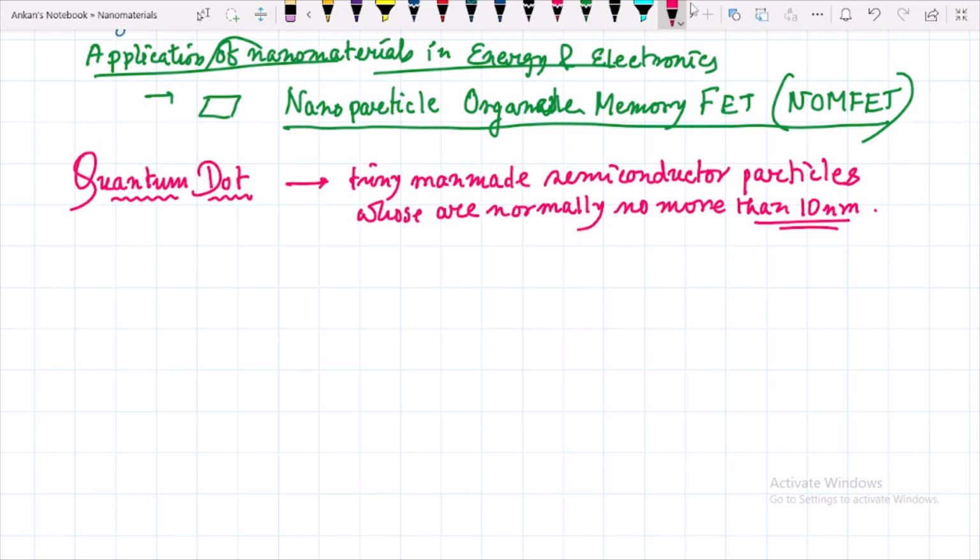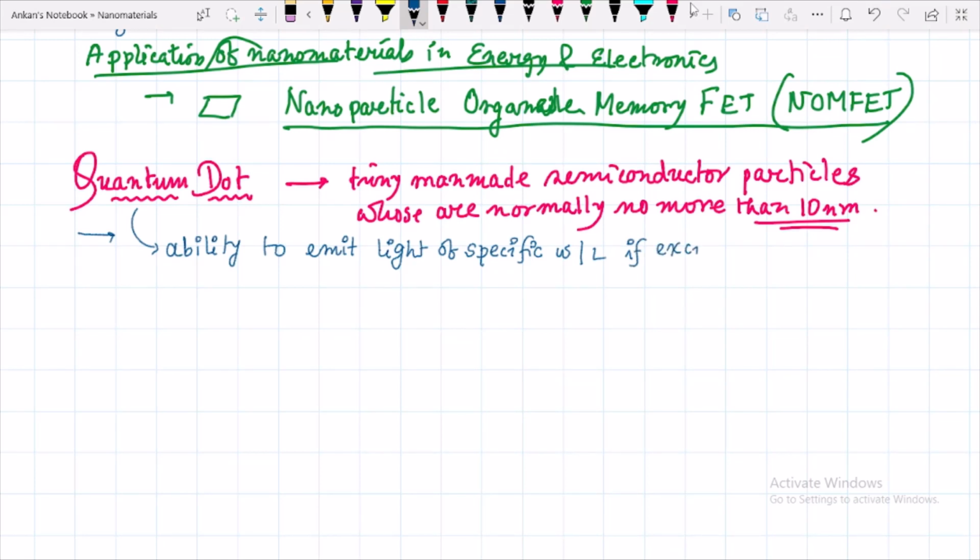Now a majority of the quantum dots have the ability to emit light of specific wavelength if excited by light or electricity.